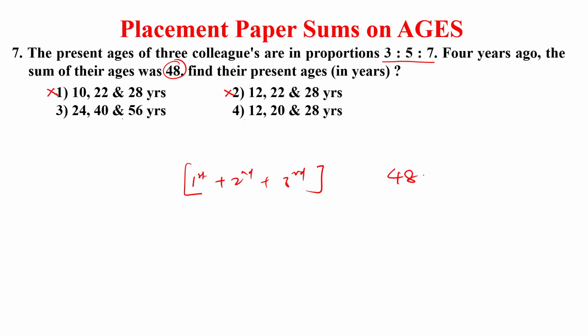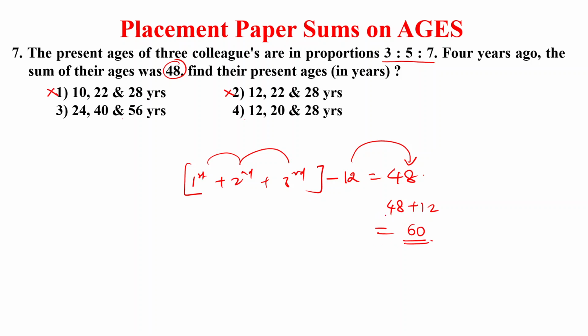So whatever we do, minus 4 into 3, that is 12, will be equal to 48. Minus 12 goes this side, it becomes plus, right? 48 plus 12 is equal to 60, isn't it?